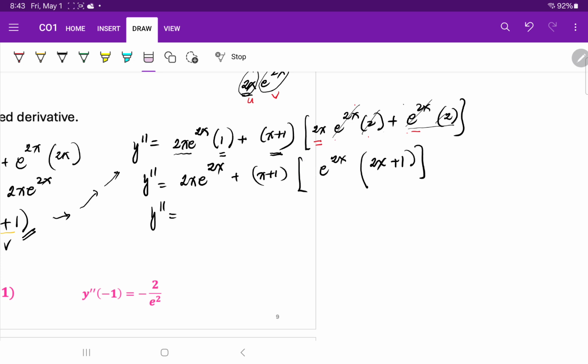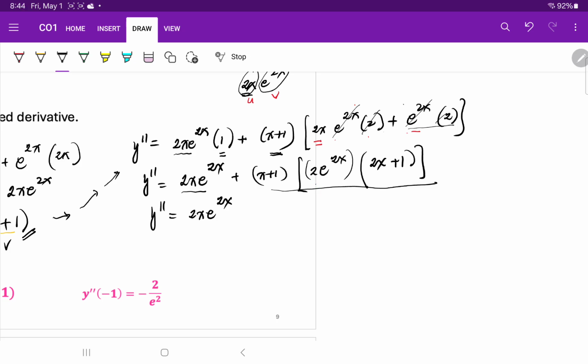Because this is actually all multiplication, right? So this is your first term, and this is the second term. So again, we have a common factor, and what's common? You have 2x e to the 2x is common.